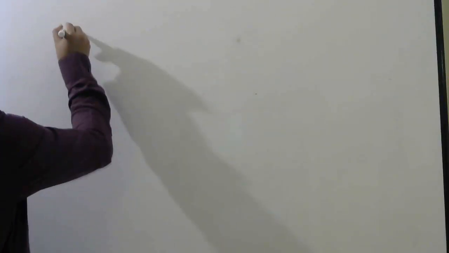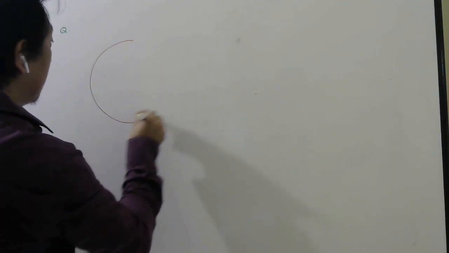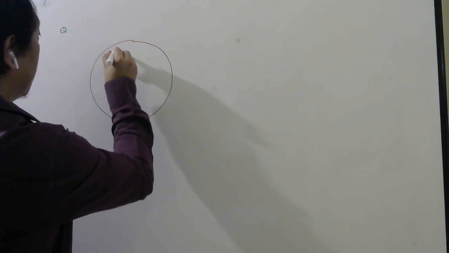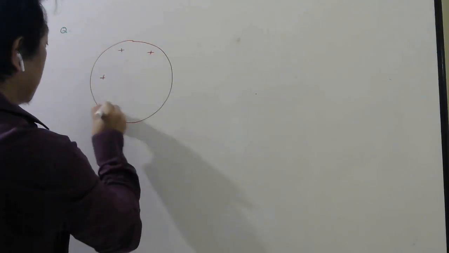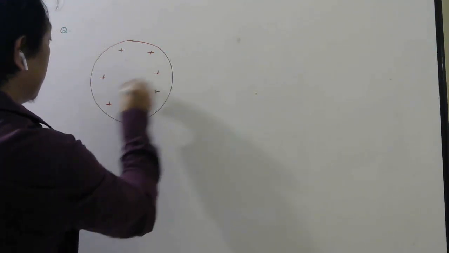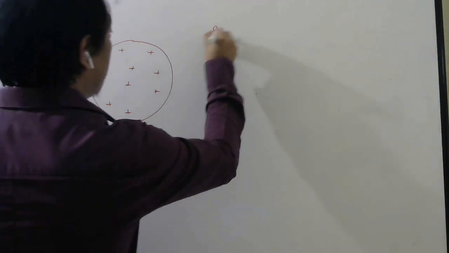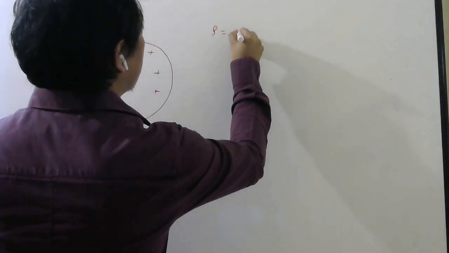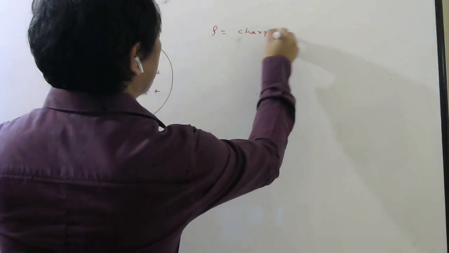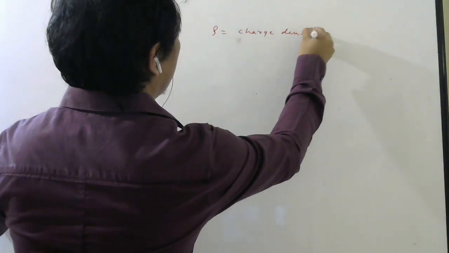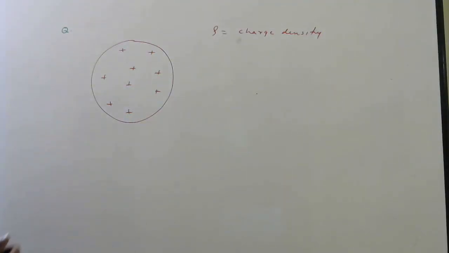So next we are going to apply whatever we have learned to solve one very good problem. The problem is like this. There is a spherical charge which has some charge density rho. What kind of charge density, volume or linear or surface?